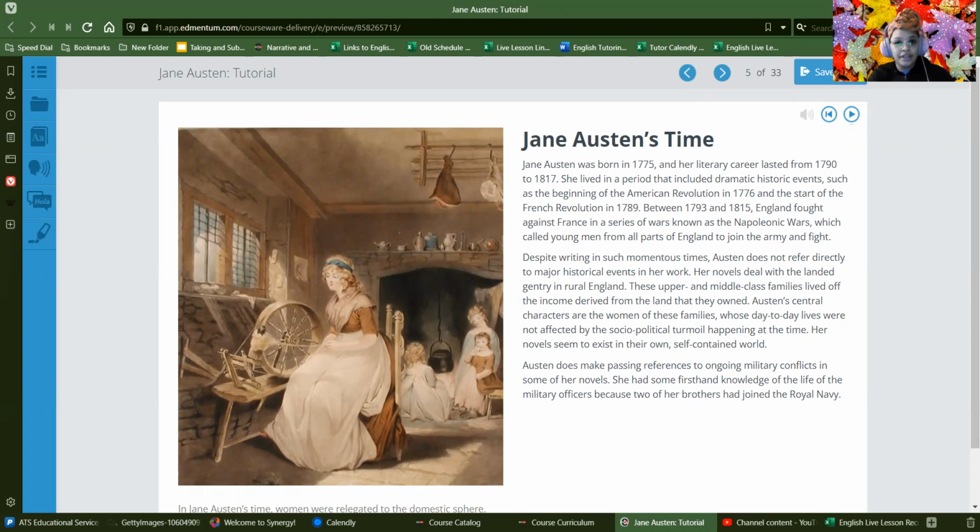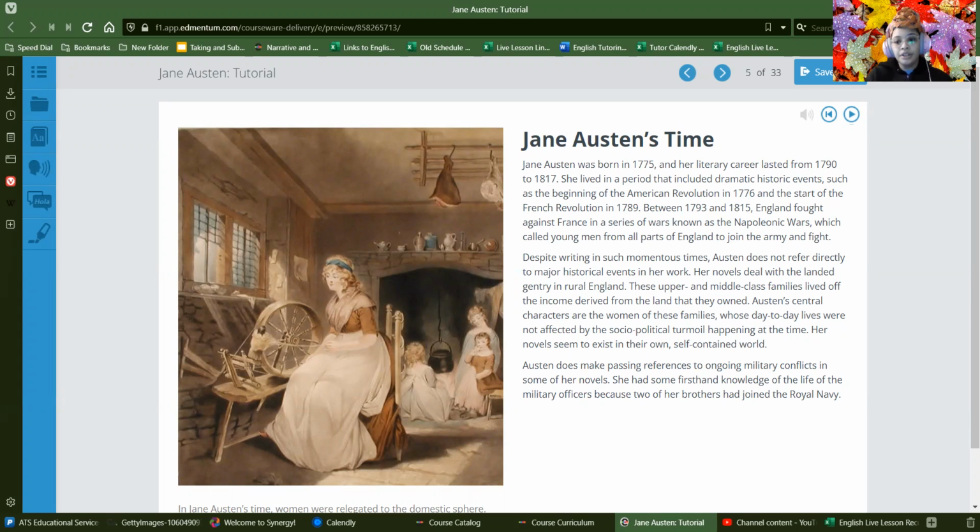The American Revolution started in 1776. Even though that was just after she was born, there were other things that happened as well. The French Revolution in 1789. And there were also the Napoleonic Wars where England fought against France. Those things happened while she was writing and publishing books.